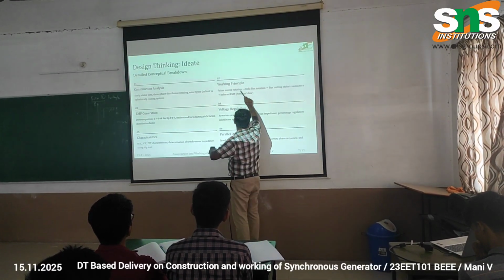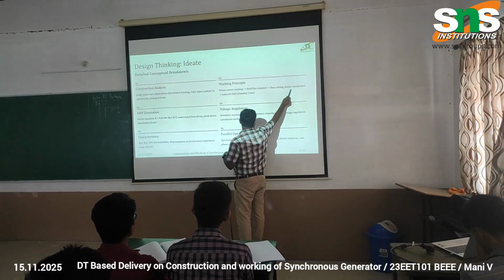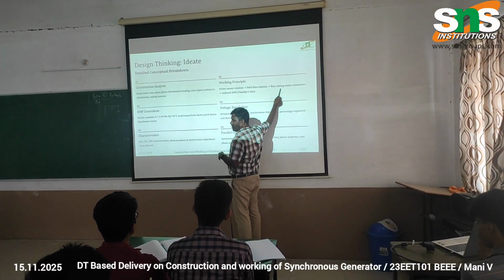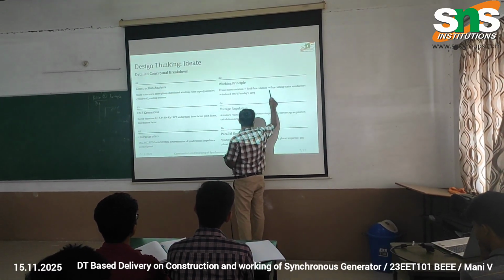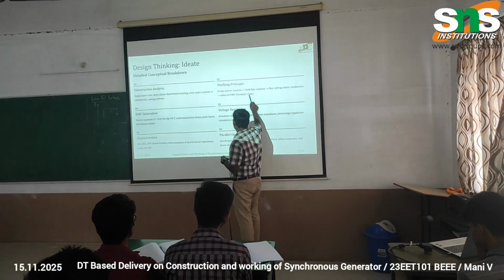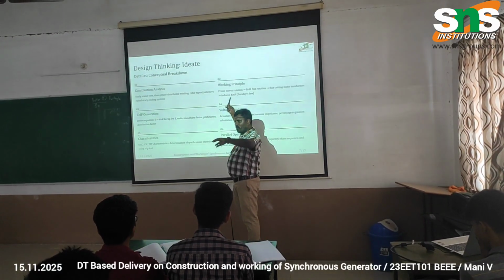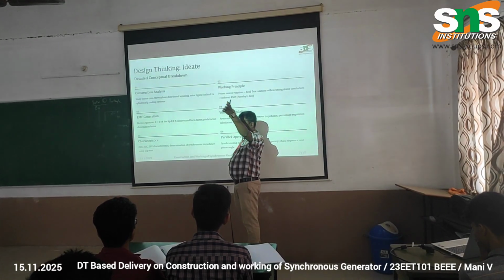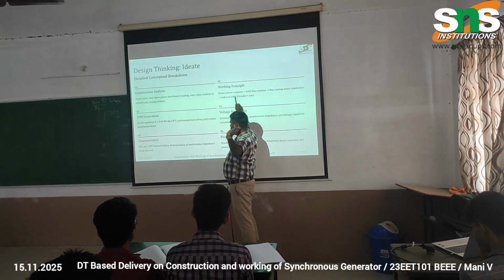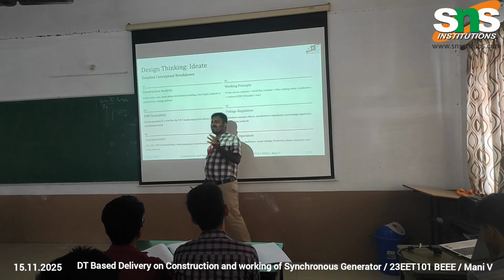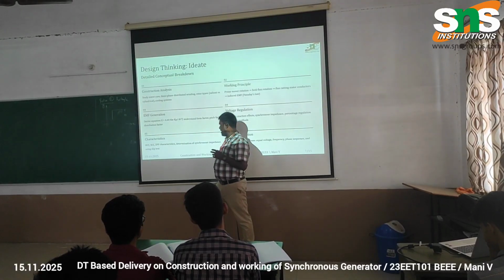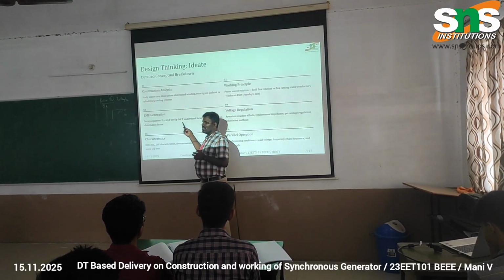The rotating magnetic field interacts with the stator conductor, and the flux is cut by the stator winding. According to Faraday's law, the voltage is induced in the stator winding. That induced voltage is then taken to the load. How much voltage will be induced in the synchronous generator is calculated using this equation.